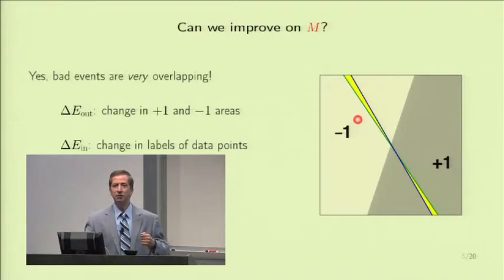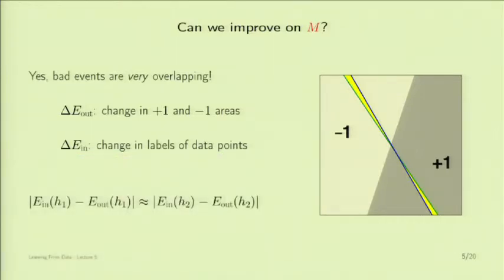If they increase both, because I get a net positive area for the delta out, and the probability of falling there also increases. Now, the reason I'm saying that is that what we care about are these. We would like to make the statement that how E in tracks E out for the first hypothesis, for the blue perceptron, is comparable to how E in tracks E out for the second one. Why are we interested in that?